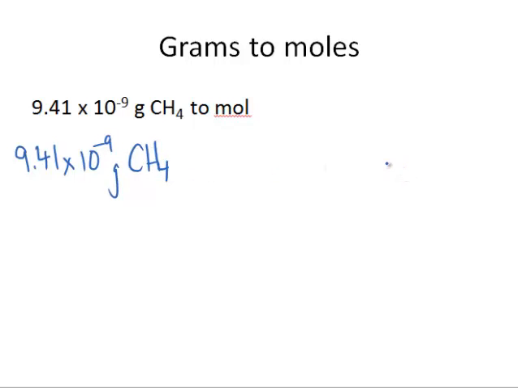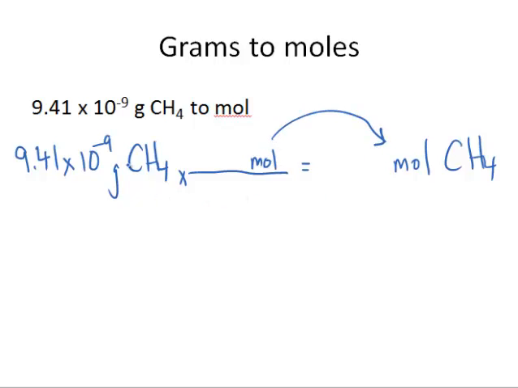You're solving for moles, which is moles CH4. You want to solve for moles, so you put moles on the top of the fraction, right? Always matches. And the grams goes on the bottom. Remember, the molar mass goes next to the grams, so right there.